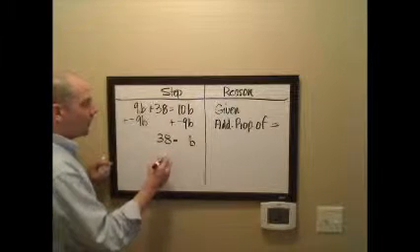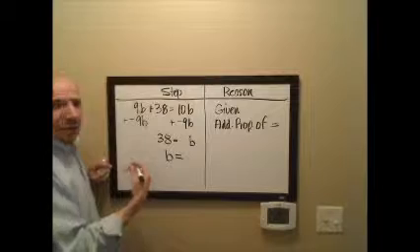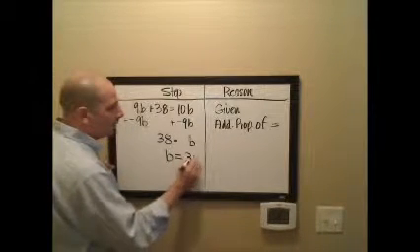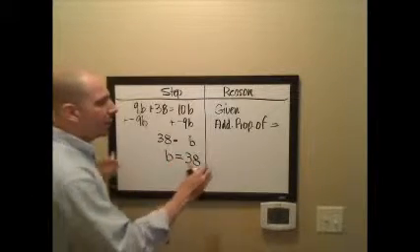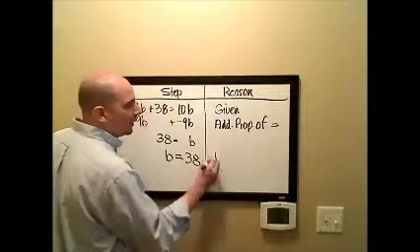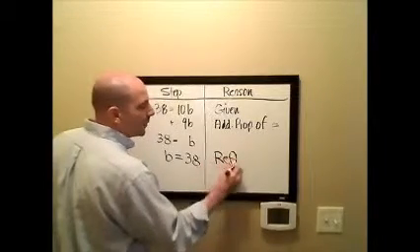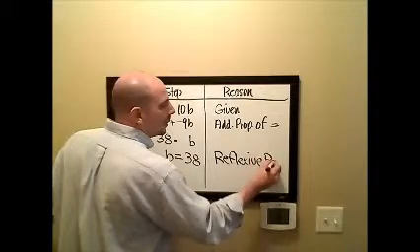Now you can rewrite that and put b on the left, as is typically done. B equals 38. The reason that you can rewrite it like that and switch the sides is called the reflexive property of equality.